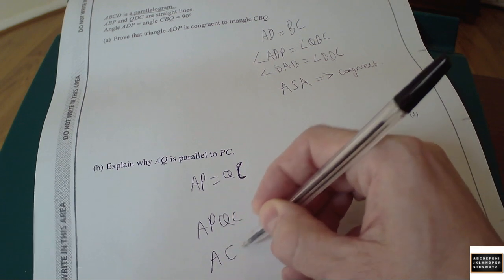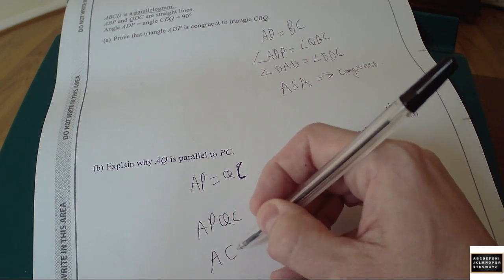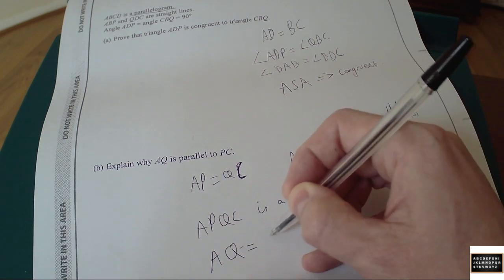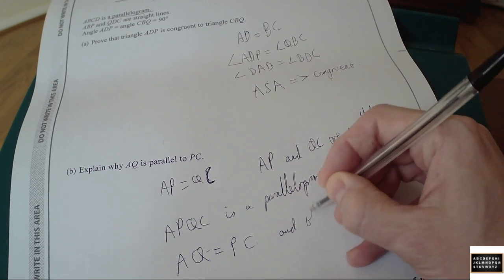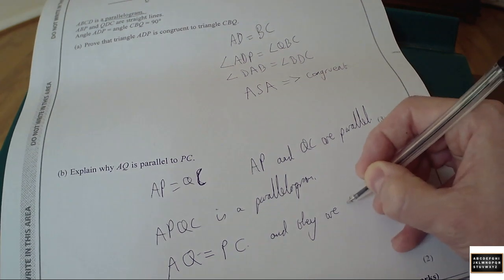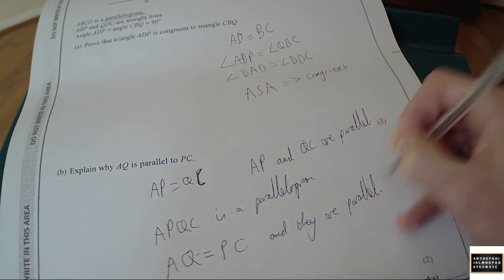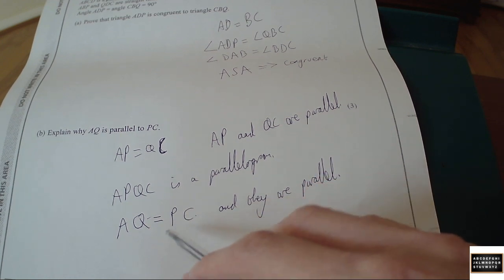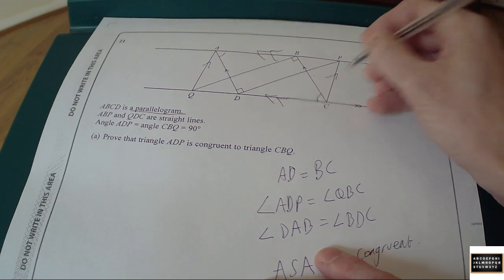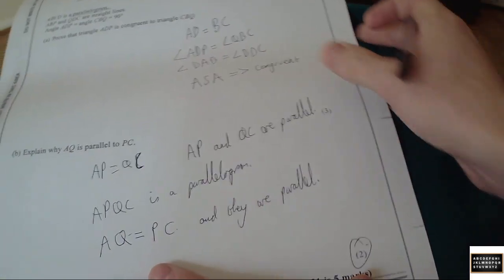So it must mean that AQ is the same as PC. They're both the same length and they have to be parallel because it's a parallelogram. So for the reasons we've just stated, this is all very straightforward if you understand it, but it has to be that these two are parallel in the diagram as well, and that will get you the 2 marks.